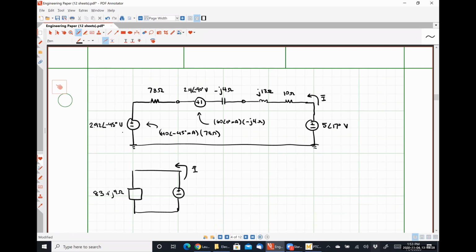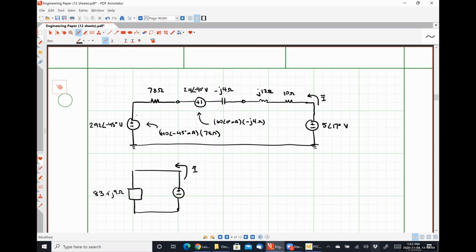Anybody not seeing what I'm seeing? So I'm just following the current along its path. I see the negative sign first for the 5 angle 17 and the negative sign first for the 2.4 angle minus 90. So they have the same polarity. I see the positive sign first for the other one, so it has the opposite polarity.